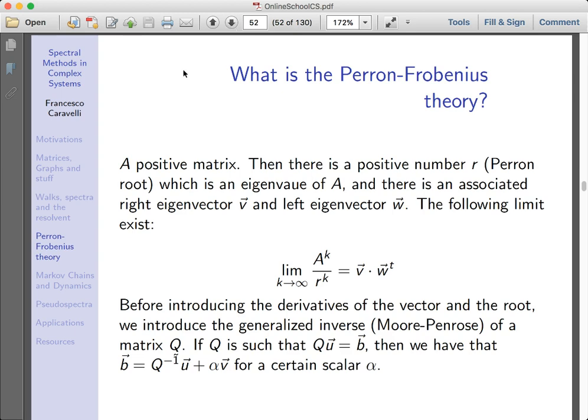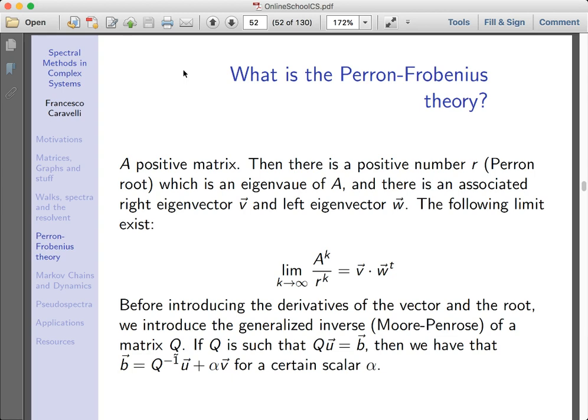Going back to walks, we know that A is a positive matrix, and we said before that what controls the long-term, or large number of steps, walk is what is called the Perron root.